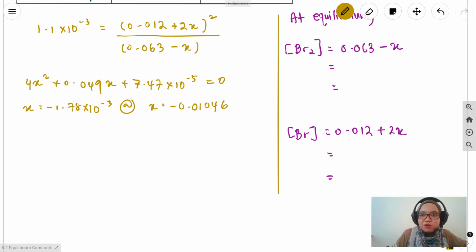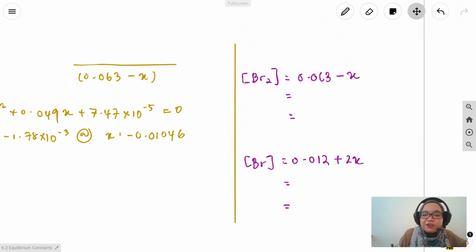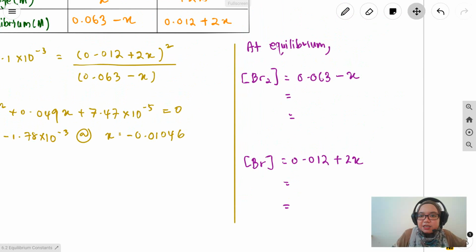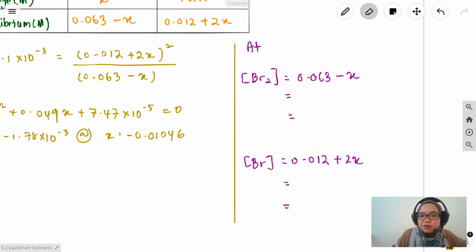We calculate this first, for x equals negative 1.78. Here we will change the color. It's at equilibrium, but I want to change it.